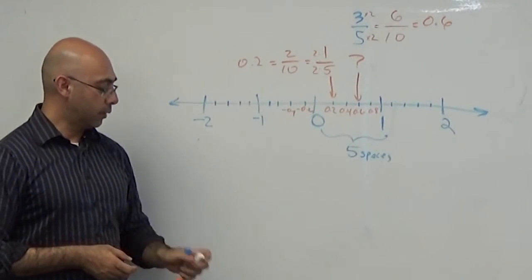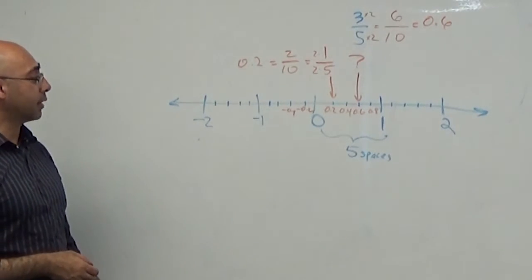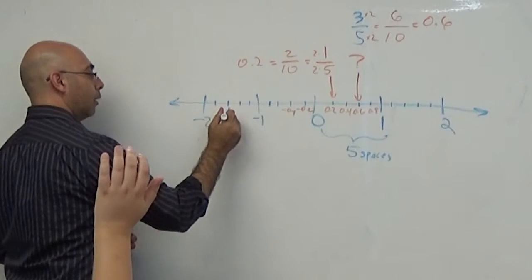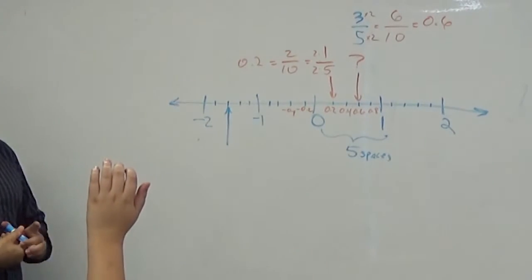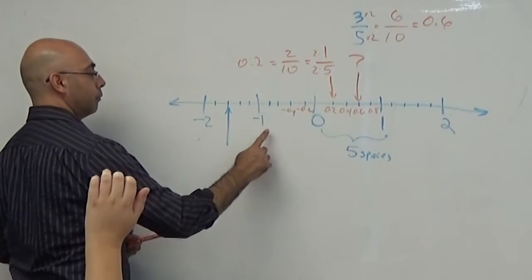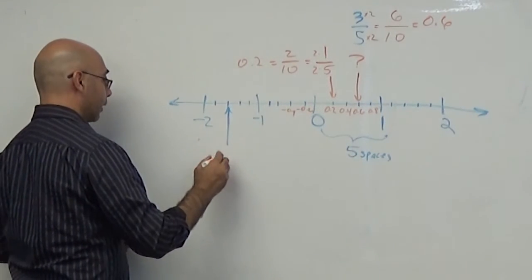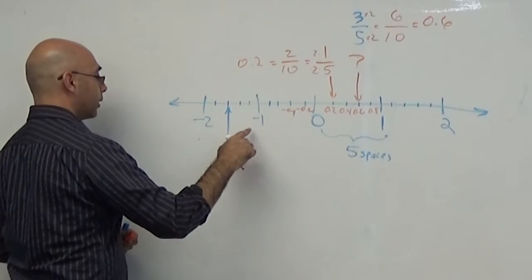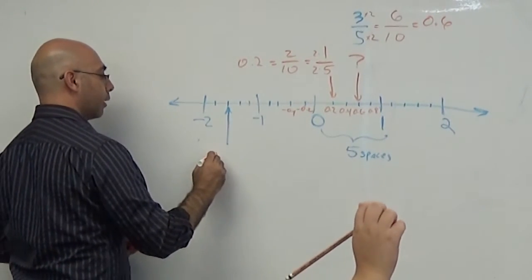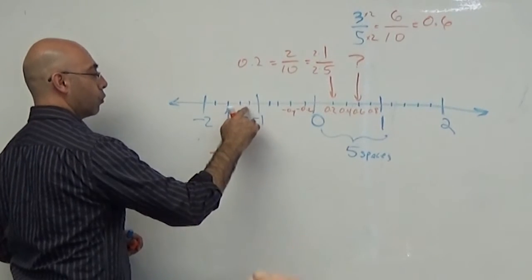Got it? All right. So basically, you're going to be identifying. So I'm going to ask you, what is this point right here? Yes. 0.6. Ooh, not 0.6. I mean, 1.6. Not 1.6. You're almost there. 10.6? Not 10. You're missing one little thing. Negative. Negative 1 point, let's see, 2, 4, 6.